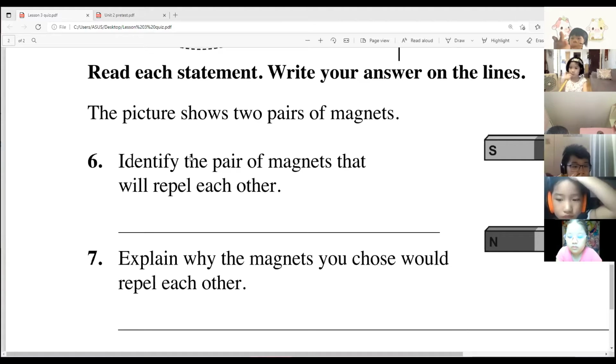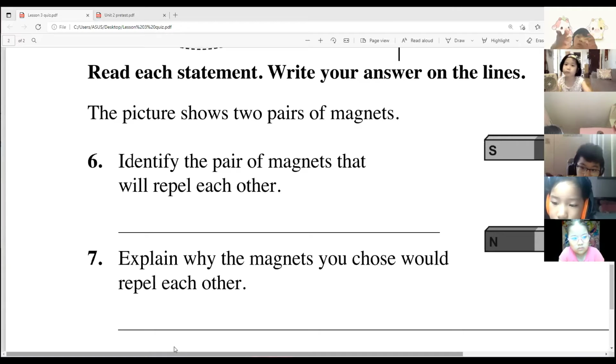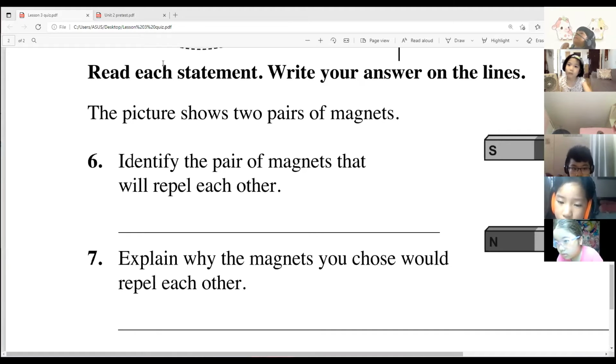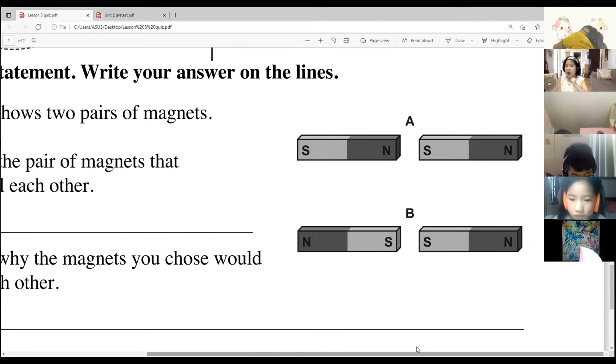But identify the pair of magnets that repel each other. For this one, it's not asking you to explain or anything. So you just have to identify the pair of magnets that repel each other. So you need to look over here and tell me which ones would repel each other.